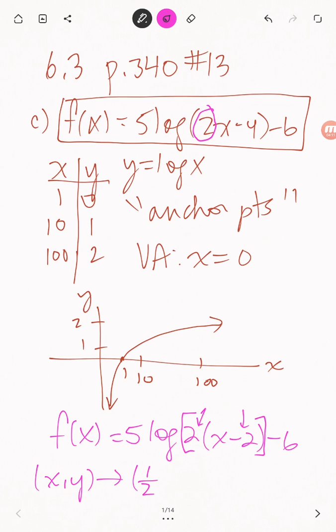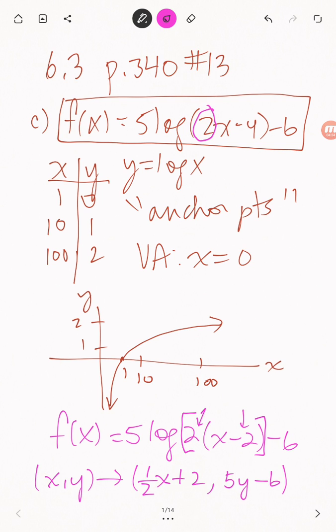Remember, it becomes the reciprocal, so that's 1/2 x. And the x minus 2 becomes a plus 2 because that is always the opposite sign for a horizontal translation. And then our y value is affected by a vertical stretch of 5 and a shift down by 6 units. So that's my mapping notation.